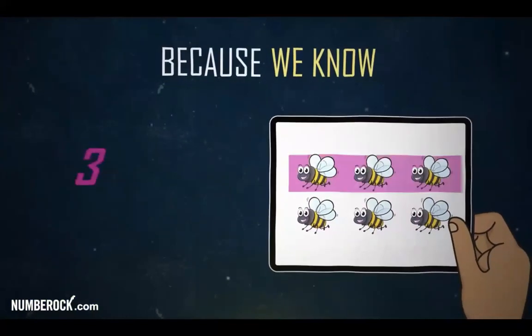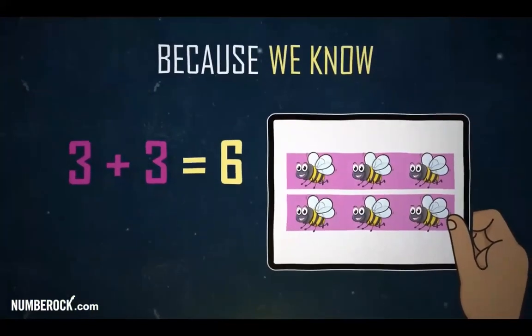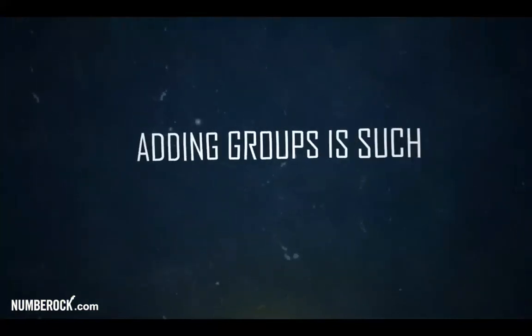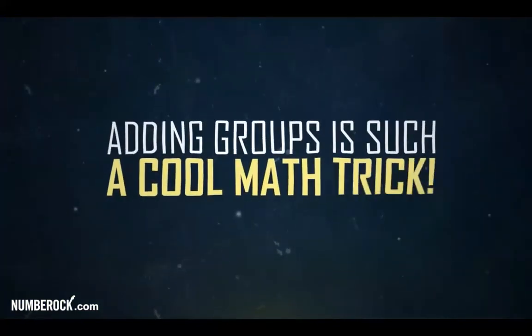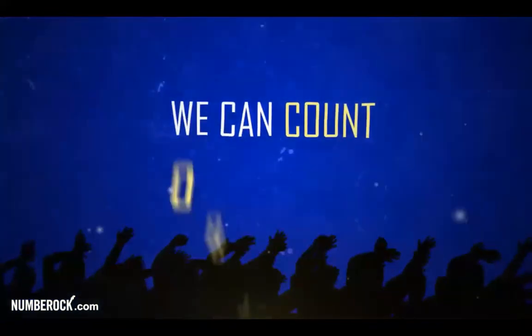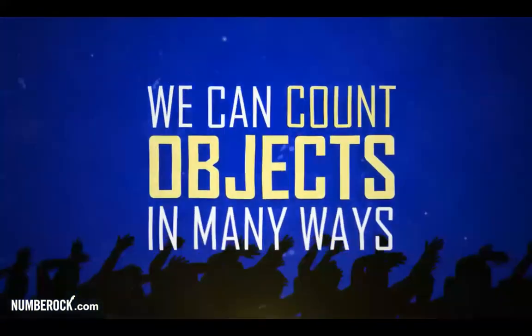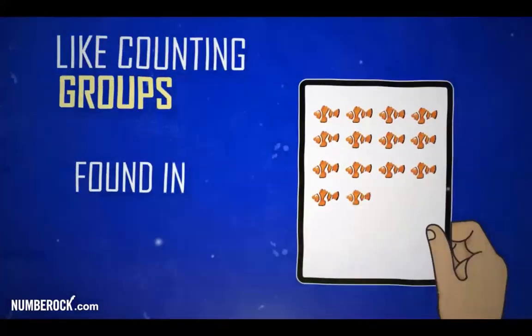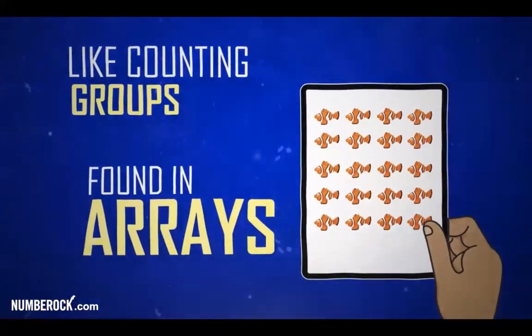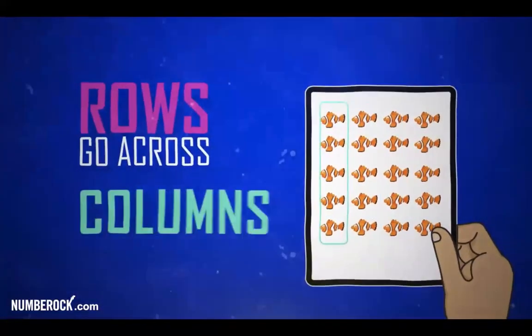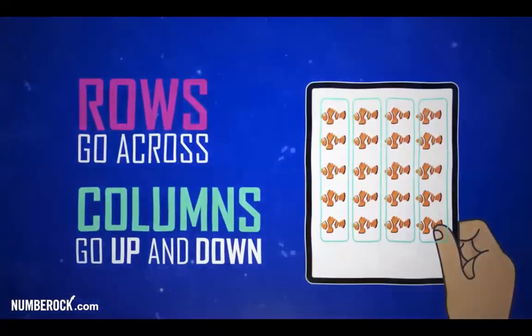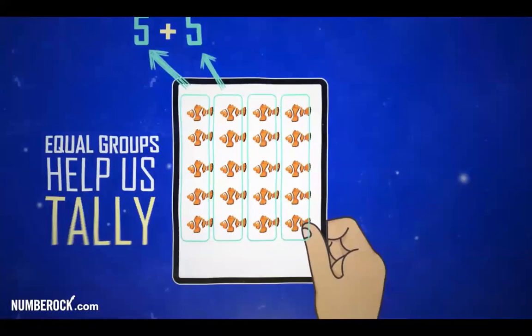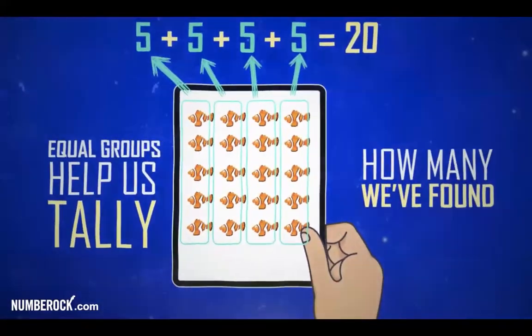Because we know 3 plus 3 equals 6. Adding groups is such a cool matrix. We can count objects in many ways. Counting groups found in arrays. Rows go across, columns go up and down. Equal groups help us tally how many we found.